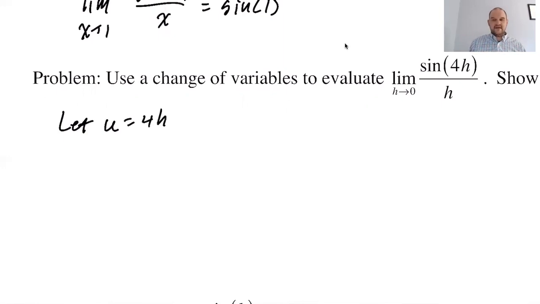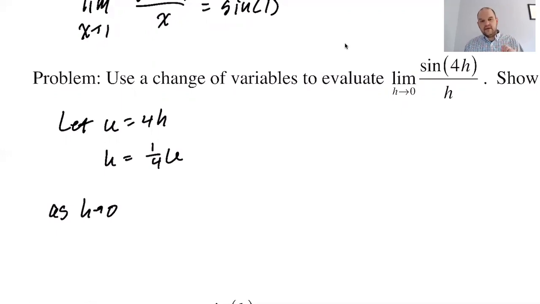Okay, so then let's see. So that means that h is equal to 1/4 of u, or u over 4 if you prefer. As h approaches 0, what happens to u?